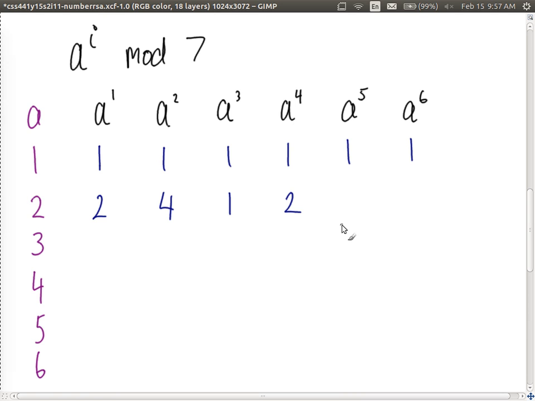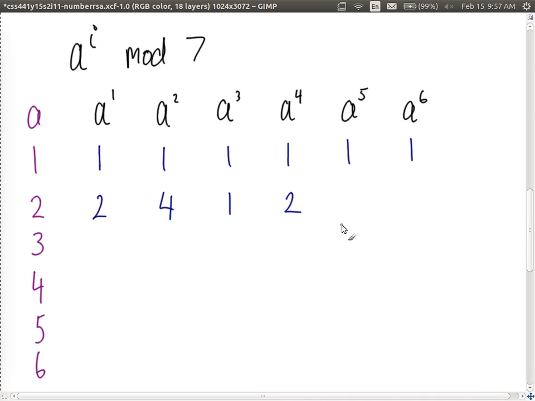Fill it in for the rest. Take you 2 minutes. You can use your calculator if you like. And for the next rows, let's fill them all in, and then we'll see how it relates to discrete logarithm.